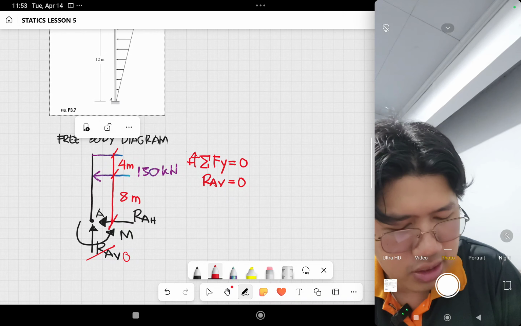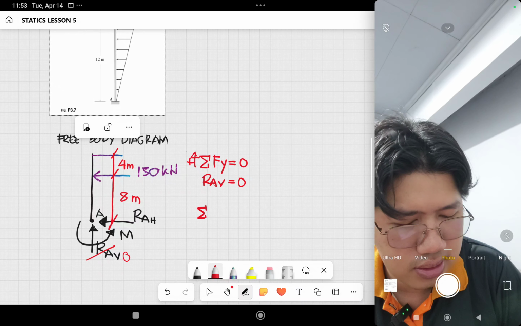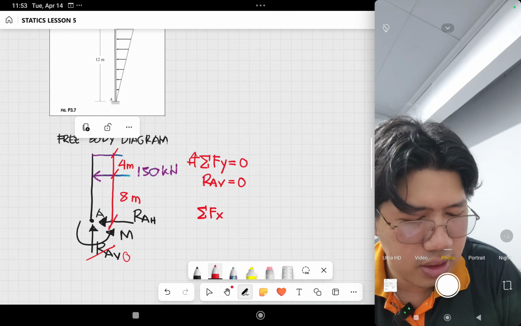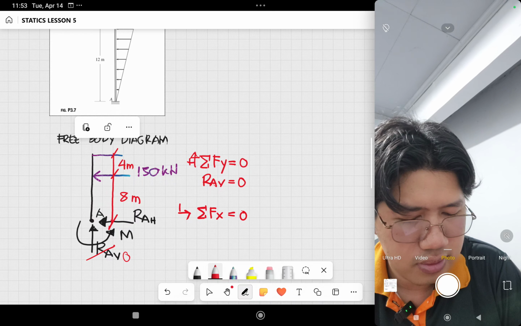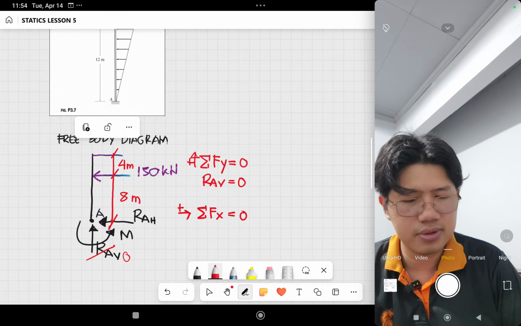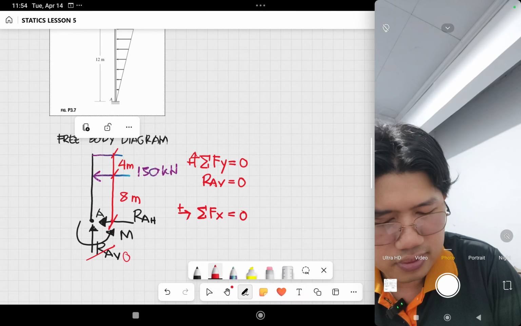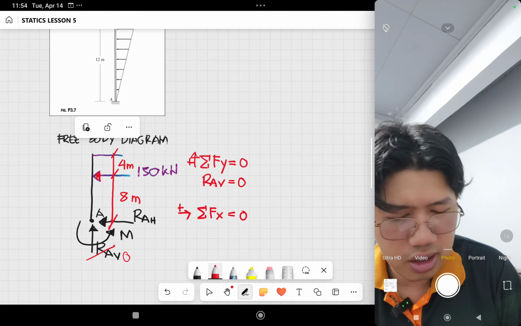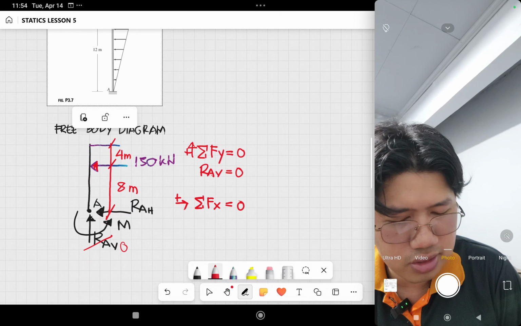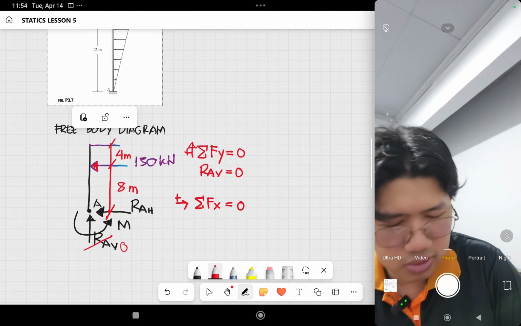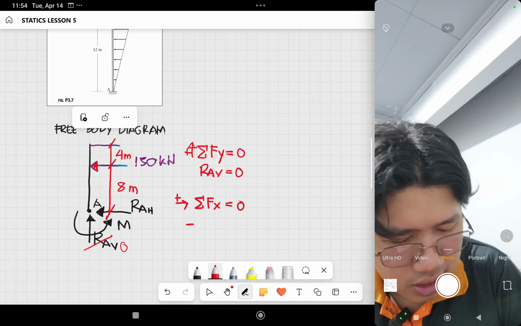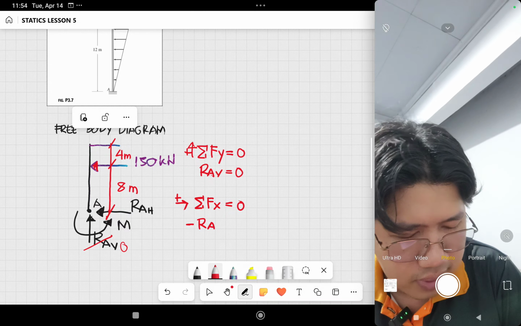And then summation Fx equals 0. Take this direction as positive. So we only have one horizontal force, so madali siya. So yung inassume ko sa RAH is towards the left, so that is negative.